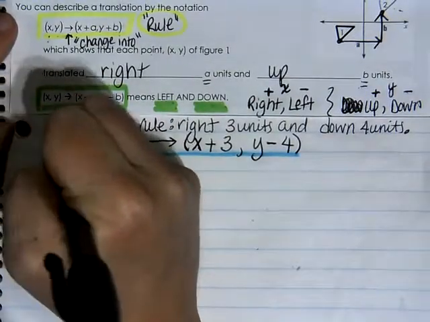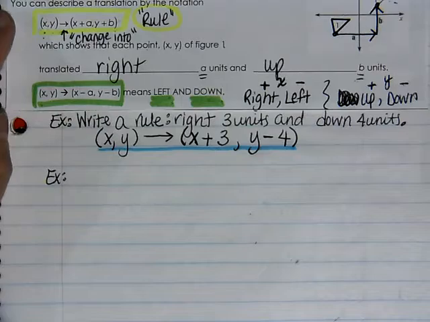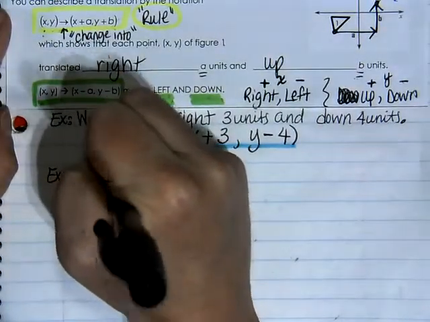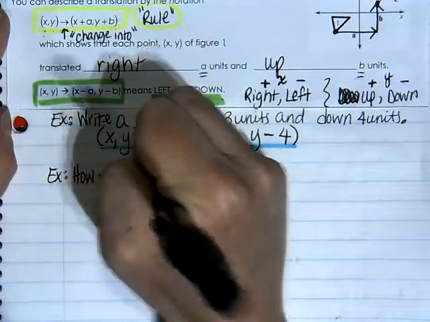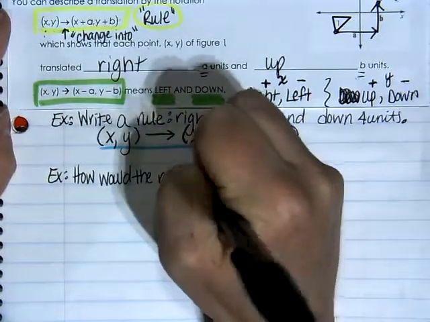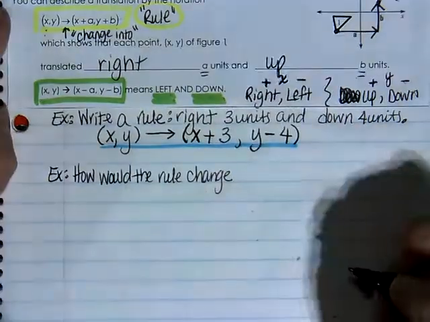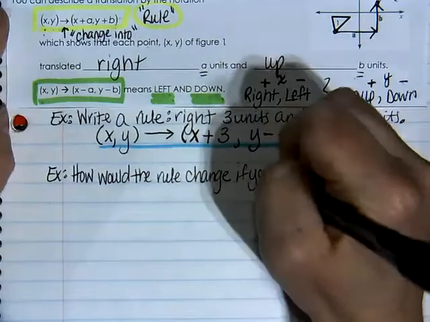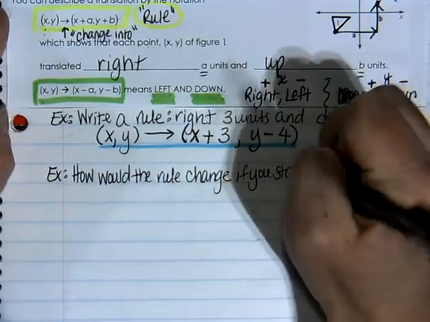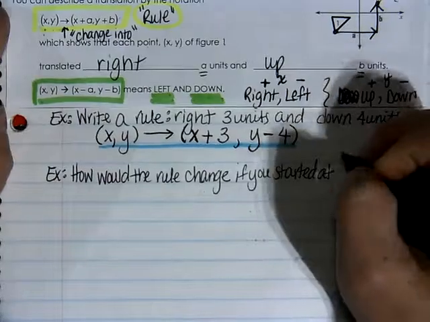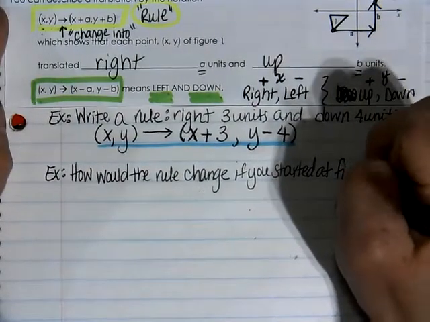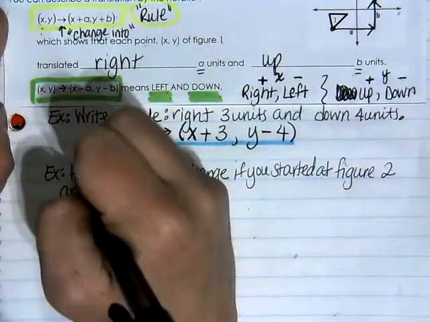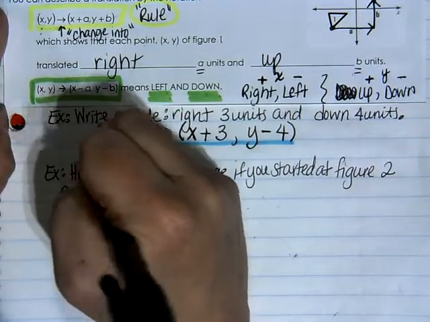The next example. How would the rule change if you started at figure 2 and moved to figure 1?